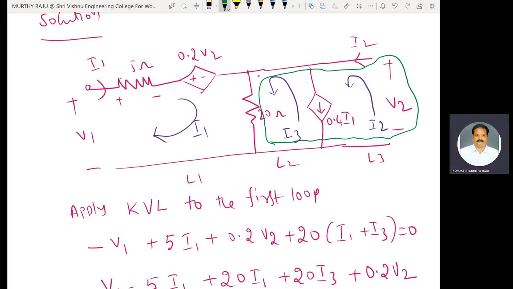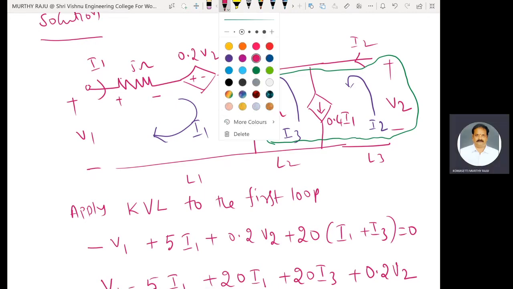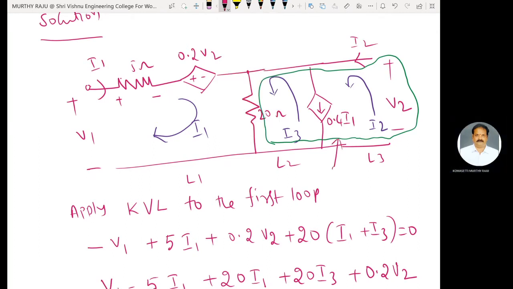Here I2 current and I1 current both are added and flow through this 20 ohm resistance. Therefore, second equation is the supermesh equation: minus V2 plus 20 into I3 plus I1.